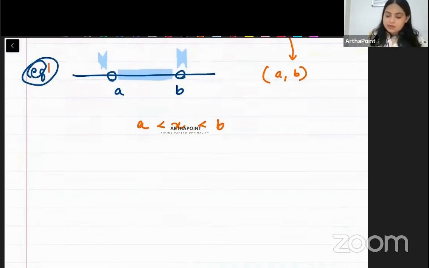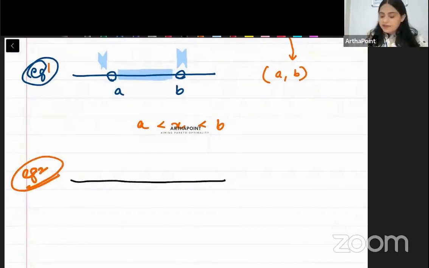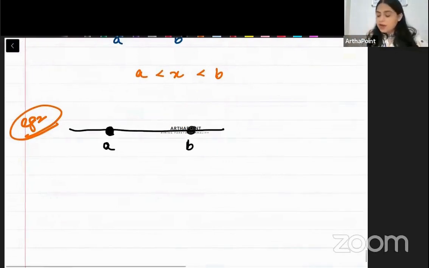Beta, second. Supposedly I have A here and B here. I want to include both A and B also. So how will I write this?